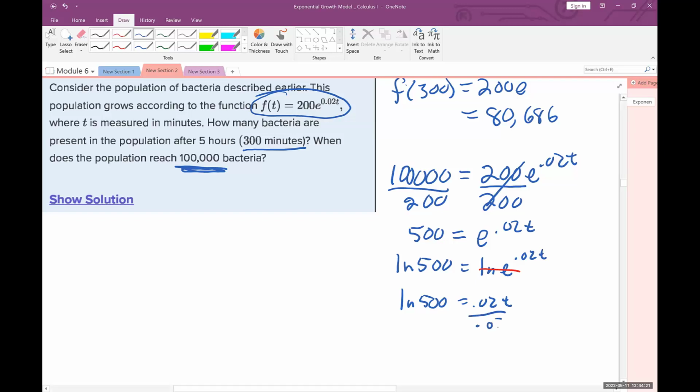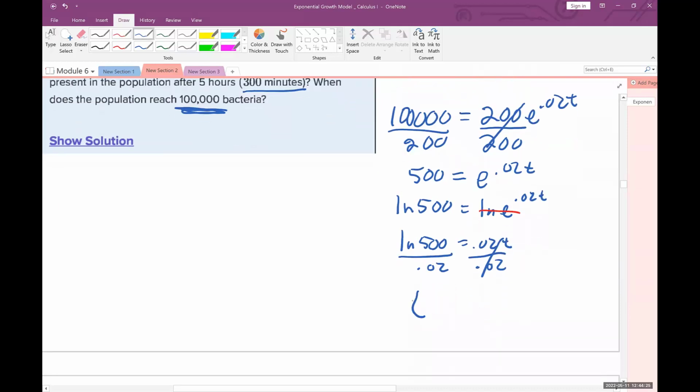Divide by 0.02. So t is the natural log of 500 divided by 0.02, and that comes out to be 310.73 minutes.